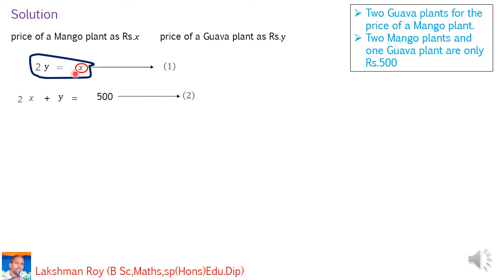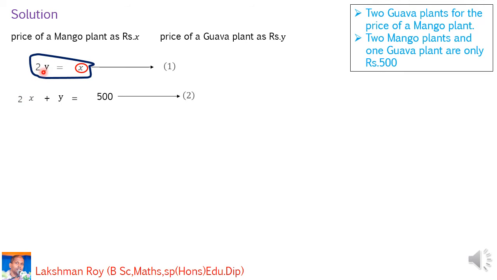If in simultaneous equations, in one equation, one variable, one unknown, is the subject, you can put that unknown term into the second equation. That means you can substitute in the second equation x as this 2y, right?